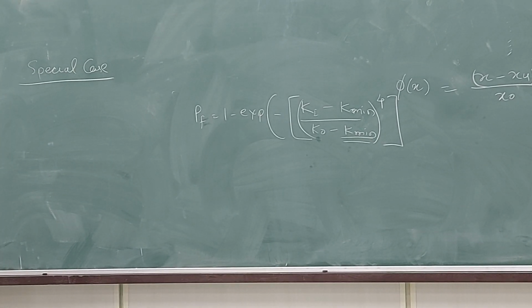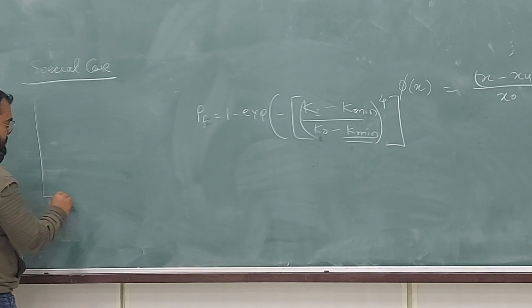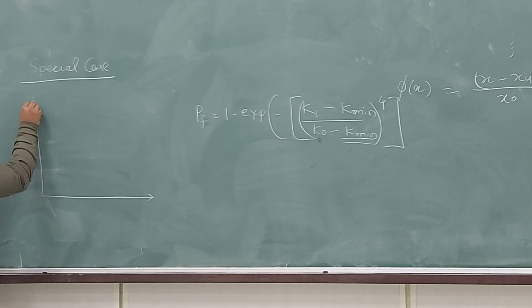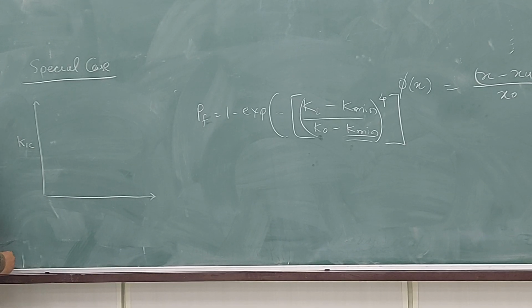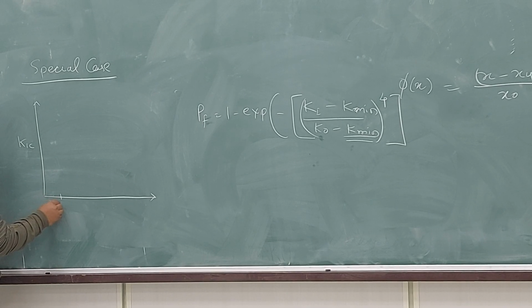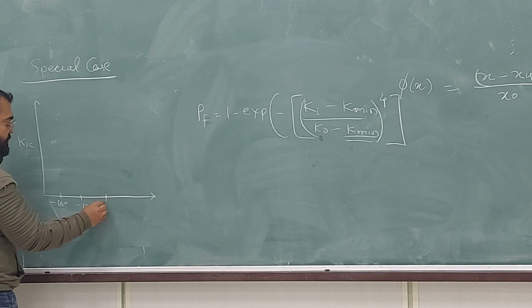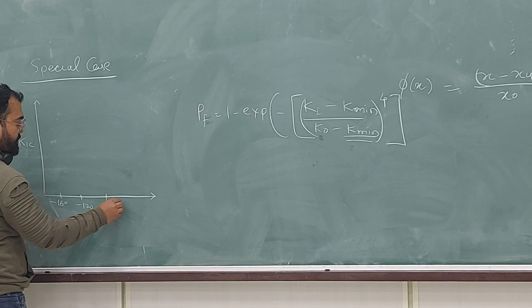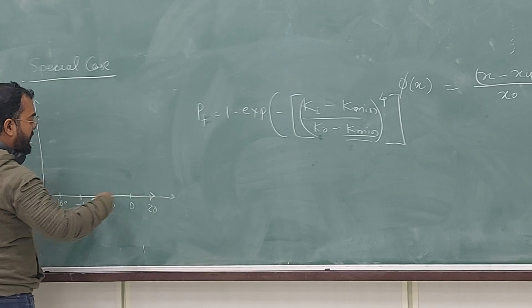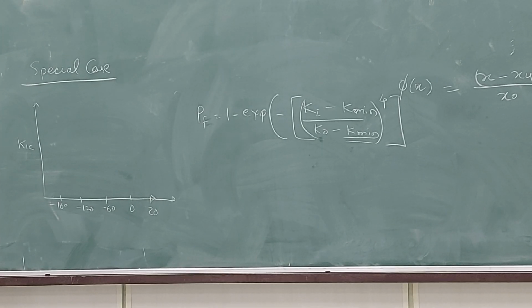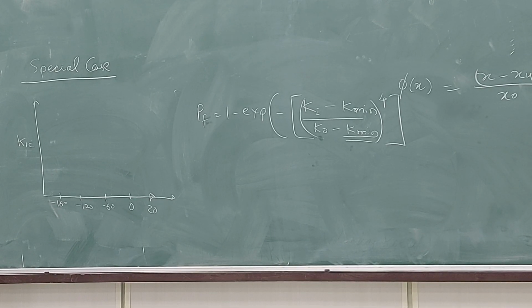Okay, and in BCC alloys, if you calculate K1C at different temperatures, so minus 160 and so on, what do you think the profile will look like? How do you think it will look?